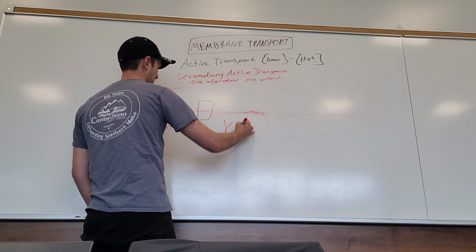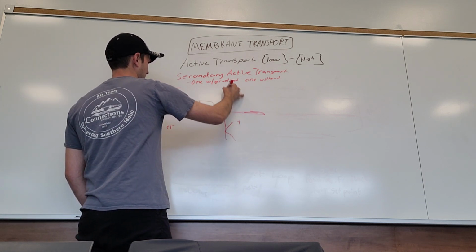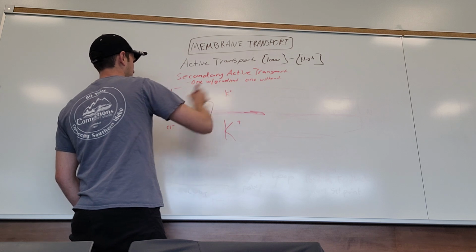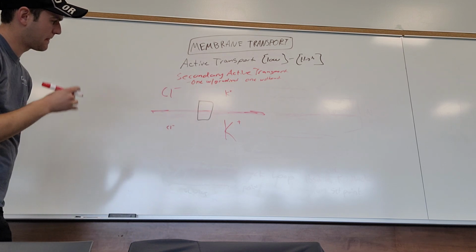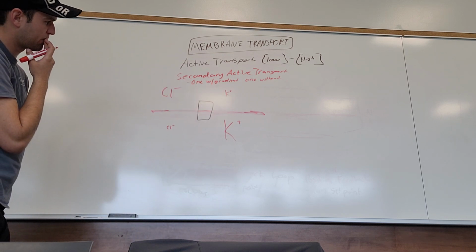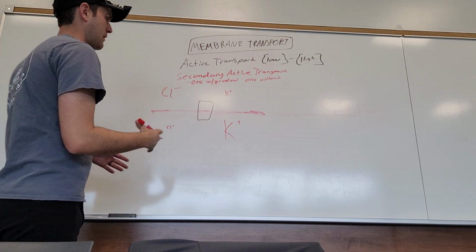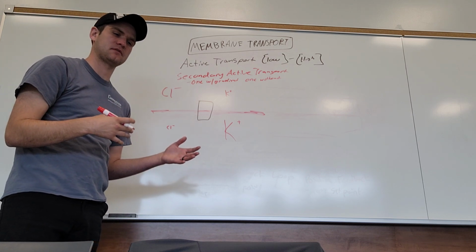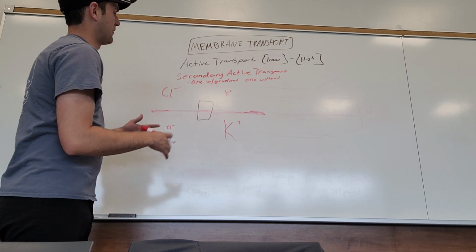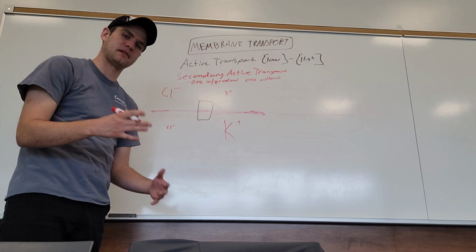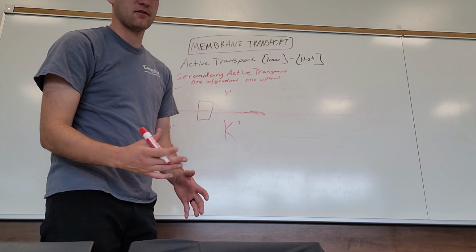We'll do potassium really high inside, potassium really small outside. This isn't actually, as far as I know, a real process. We're just going to use this as an example. So don't quote me on this. Don't go trying to teach about chloride potassium pumps, because as far as I know, those don't exist.